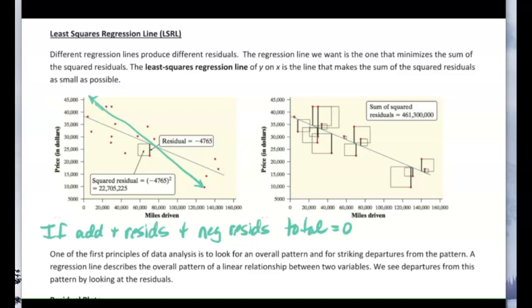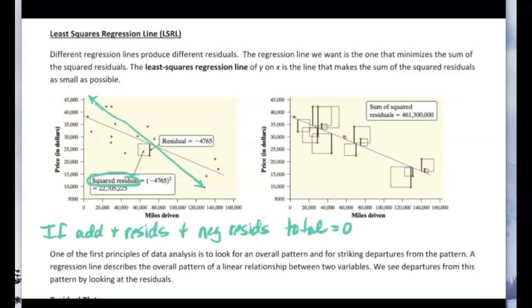But on top of that, how do I make sure that happens? What they do is, instead of trying to keep track of negatives and positives, they turn them into little area squares so that they're squared amounts. Negatives become squared amounts, positives are already positive, so we're dealing with positive amounts instead. So that's the squared residual right here.